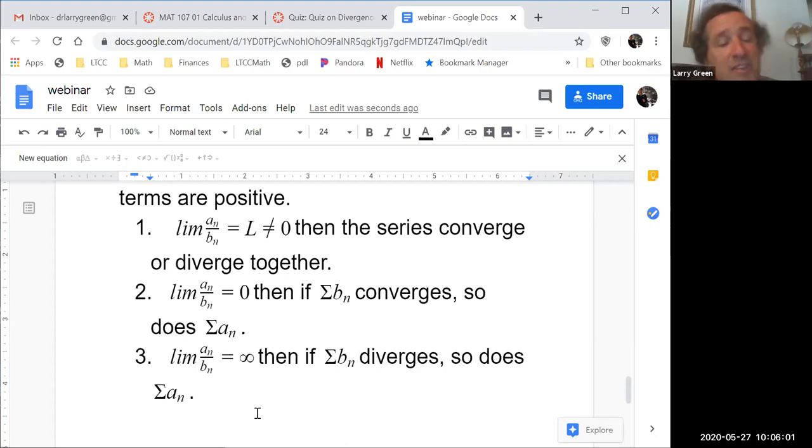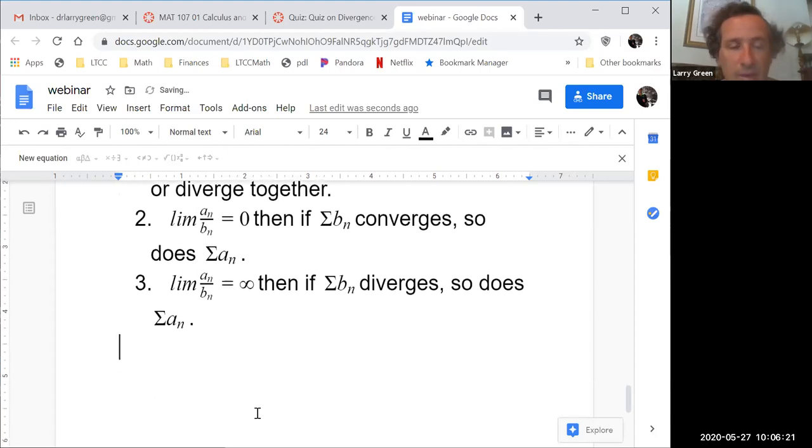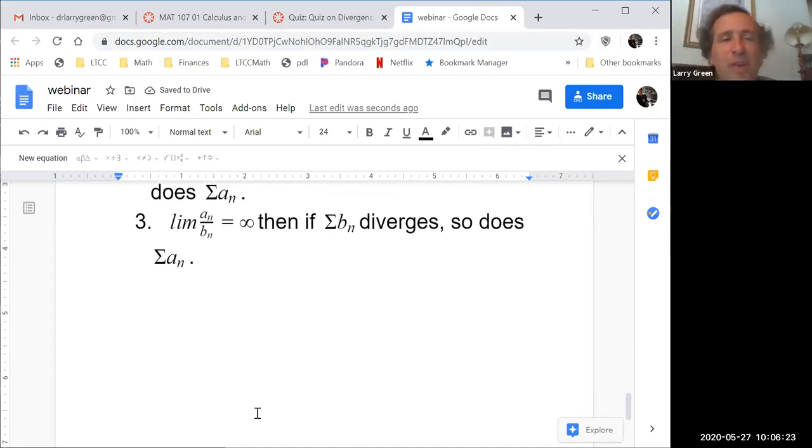Okay, now this is not all possibilities, because if the limit is 0 and bn diverges, you just frown. That means you compared with something that didn't help. Not everything is going to work. So you have to look at it, and usually you try and find something similar. Any questions on that?